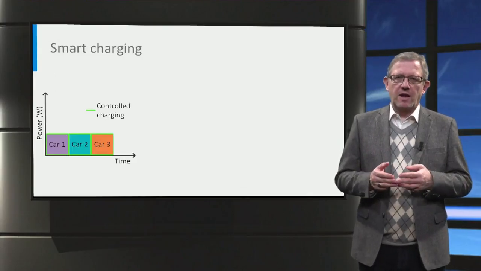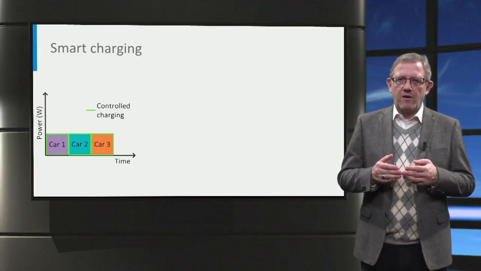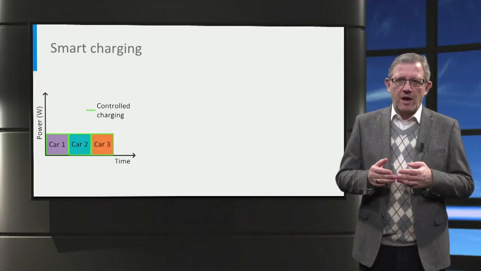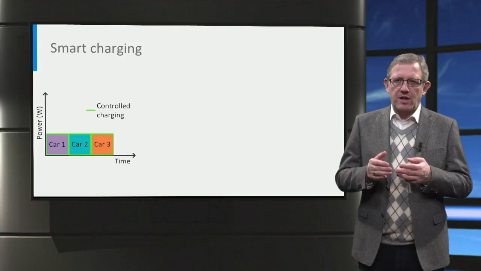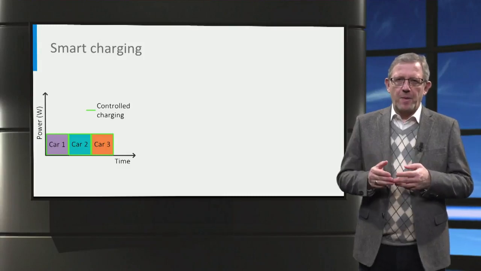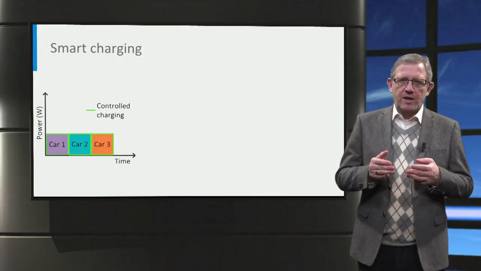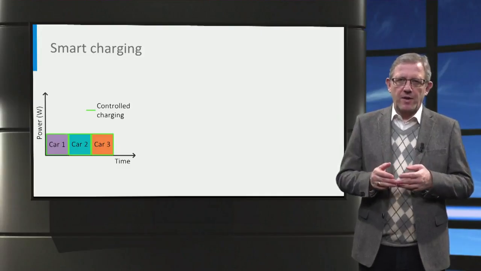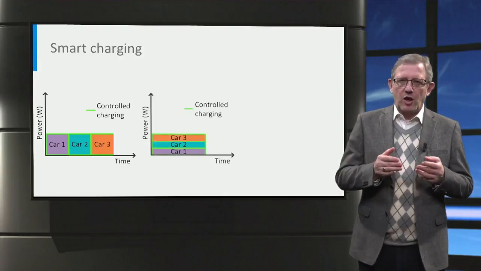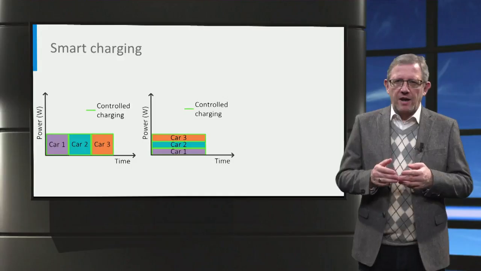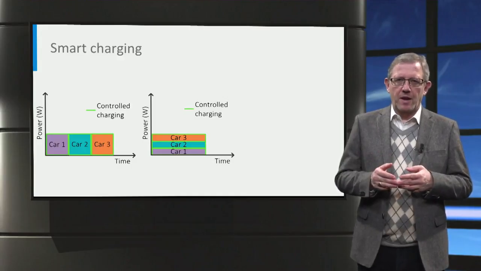Smart charging can help overcome these disadvantages. For example, if many cars are connected at the same time at a workplace, smart charging can help to plan and spread the charging power over the day. Here in this figure, one car is charged at a time, one after the other. Alternatively, the cars can be charged at the same time, but with a lower power for each car, such that the charging is spread over the 8 hours of work time.